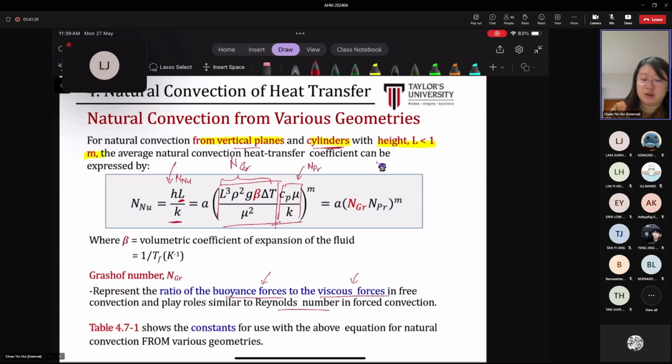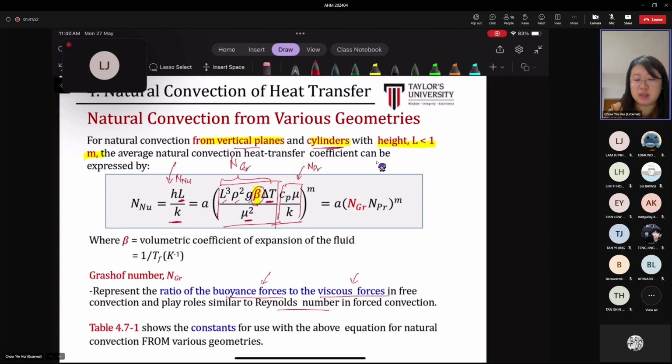Now, what is this beta here? In the Grashof number, we have the length to the power of 3, the square of the density, g is the gravitational acceleration, 9.81, multiplied by the temperature difference, divided by the square of the viscosity, and you have a term beta here.